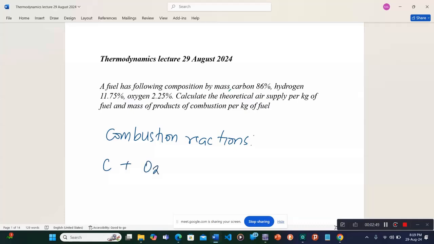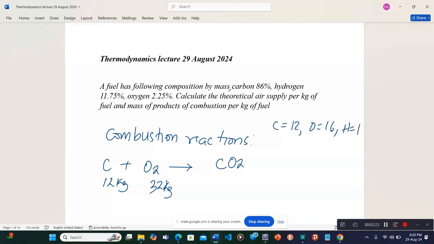So this oxygen helps to burn this carbon, produce carbon dioxide, if we are talking about complete combustion. So this is composition by mass, and therefore whatever we are doing is going to be by mass. This is going to be 12 kilograms of carbon. This is 32 kilograms of oxygen. We have to remember that carbon always is 12, oxygen is 16, and the hydrogen is equal to 1.